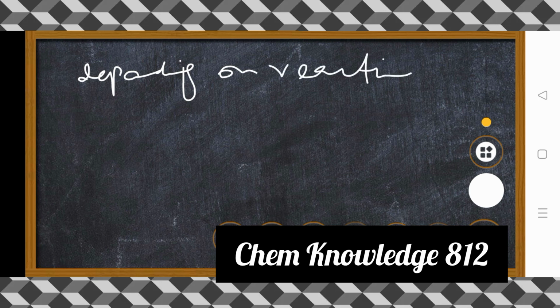Equivalent weight is the same as a formula weight or some fraction of the formula weight. Normality is the same as a molarity or some multiple of molarity.